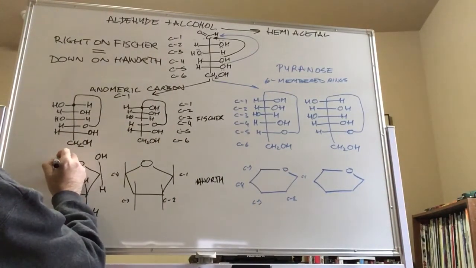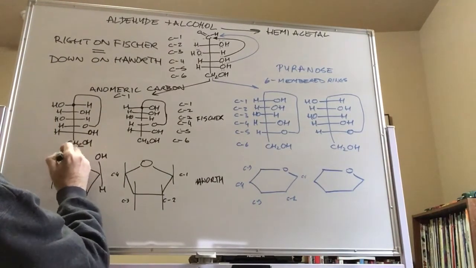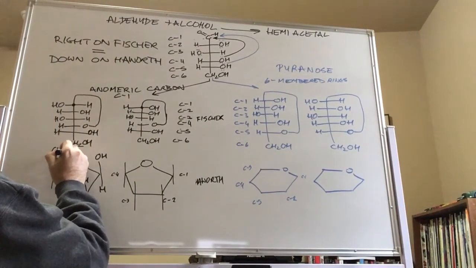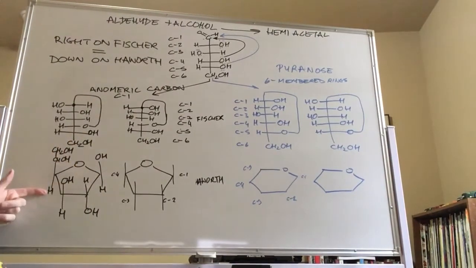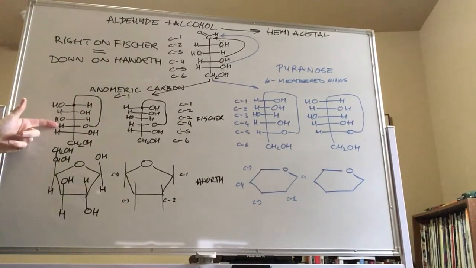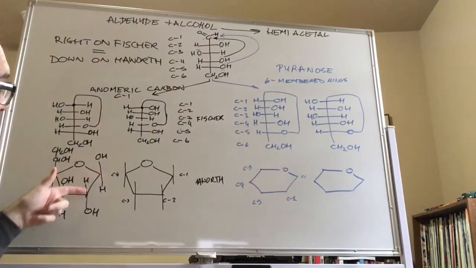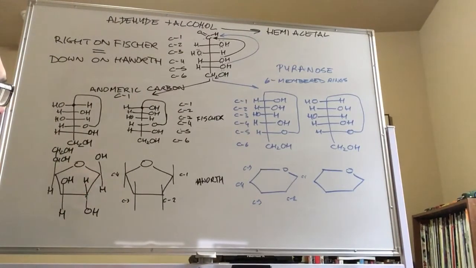So here goes carbon 5, and there goes carbon 6. And this hydrogen, by convention, gets written in the down position regardless of what's going on here. It's these chirality centers that I have to show right here. Those are the ones that are important.